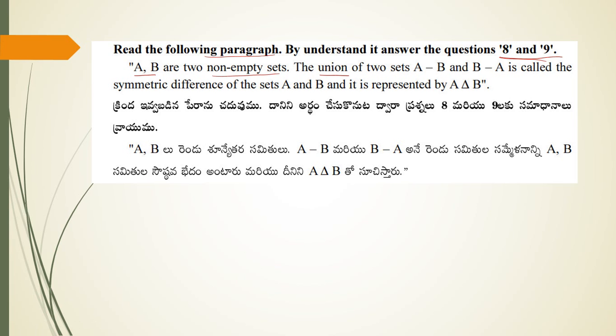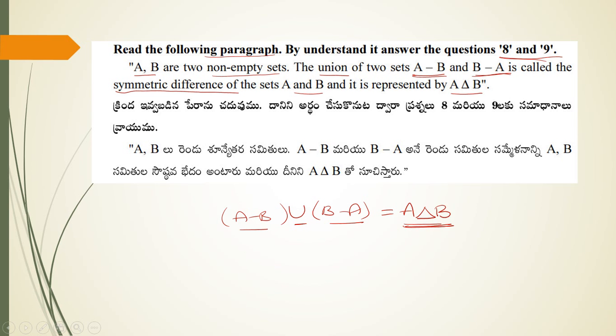The union of two sets A minus B and B minus A. When I take the union of these two sets, it is called the symmetric difference of A and B, and it is denoted by A delta B. So A delta B is nothing but the union of A minus B and B minus A. Based on this, you need to answer the question, right?